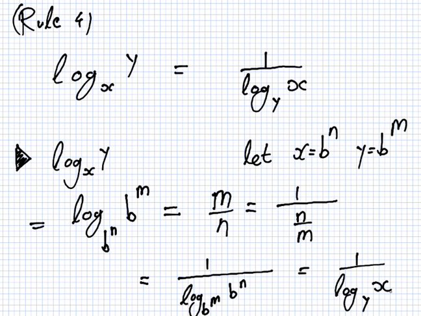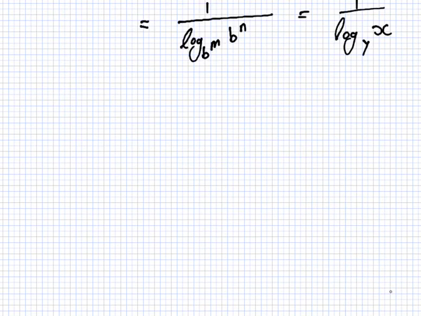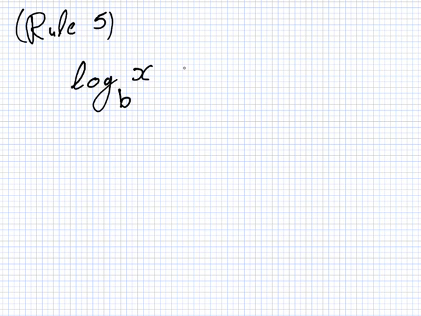Okay, nearly finished. Can I scroll down? Okay. Rule 5. So rule 5 is useful when you need to change the base to any other base. So for example here, we have base b, and we'd like to change it to base c.